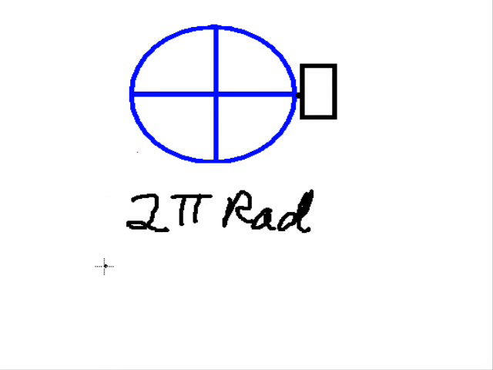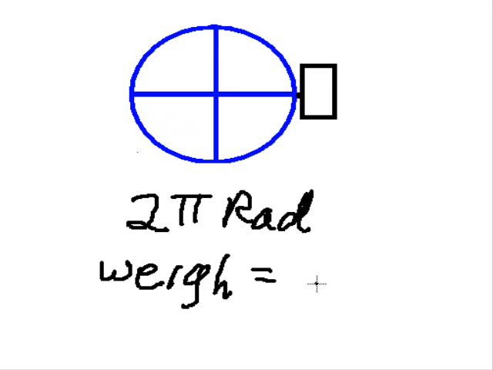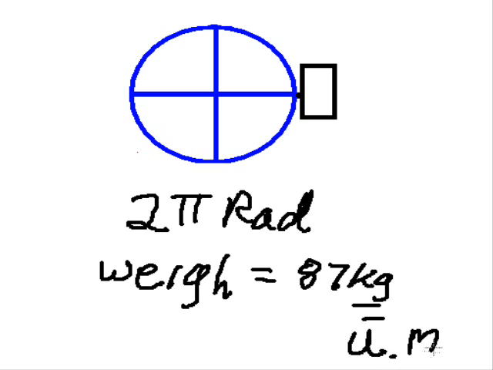So you say, "Hey, Gary, how much do you weigh?" I say, "I think I'm about 87 kilograms." Kilograms is a unit of measure. You might say to me, how much do you weigh? And I might answer in pounds.